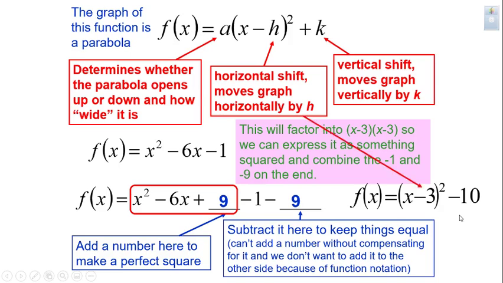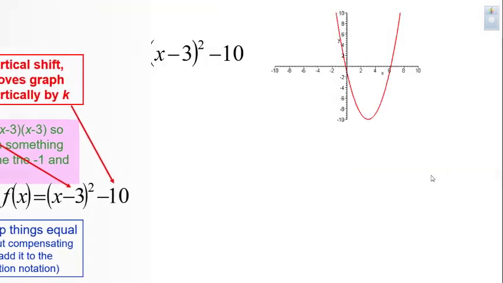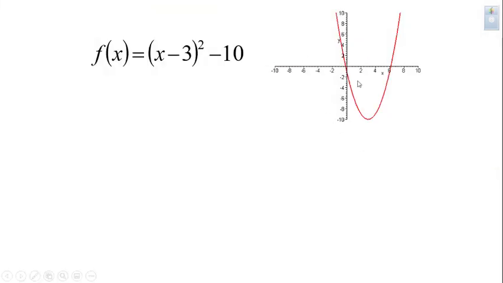So that's what we have for our transformation. We go from standard form, complete the square, and then we graph our function. Here's our function. We take the graph of x squared, shift it to the right 3 units and down 10 units.